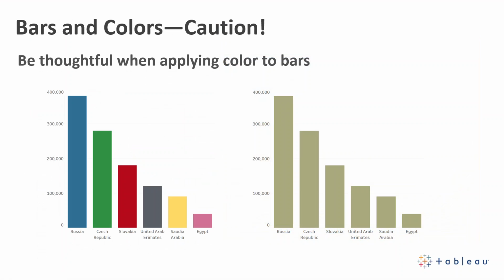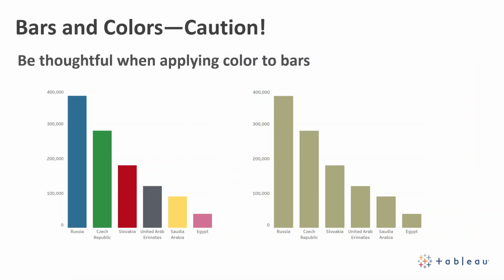So here on the left, we have double encoded our data. The bars have different lengths per country and different colors. Double encoding the data can be problematic because there is no real meaning attached to the color.